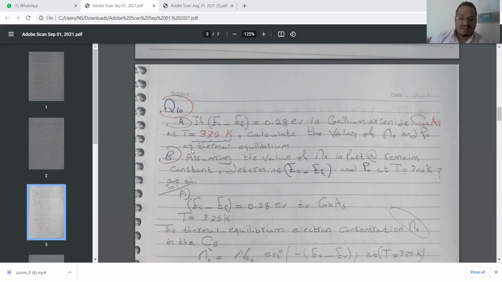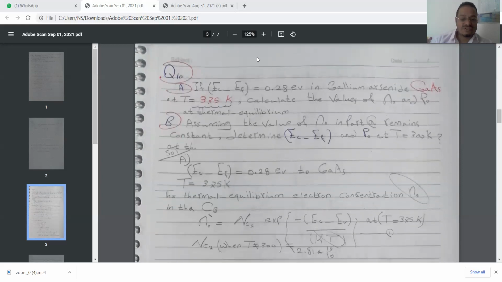At requirement A, the author gave us this result: the difference between the Fermi level and the conduction band equals 0.28 electron volt. But in gallium arsenide, now we're dealing with another element, not with silicon at all.